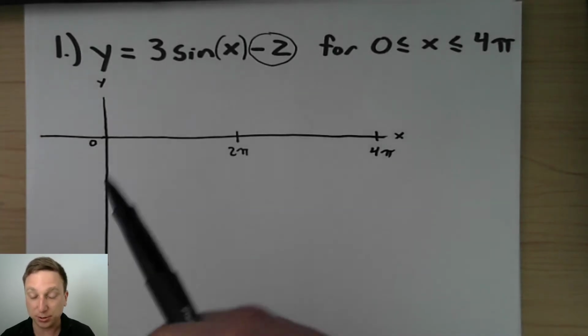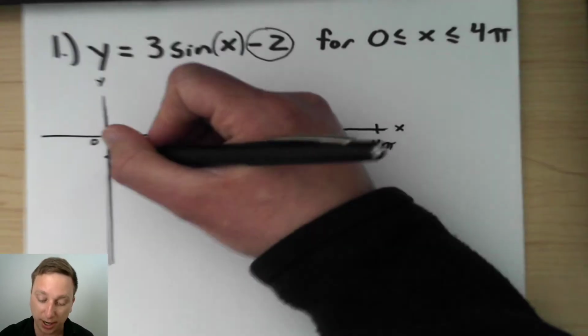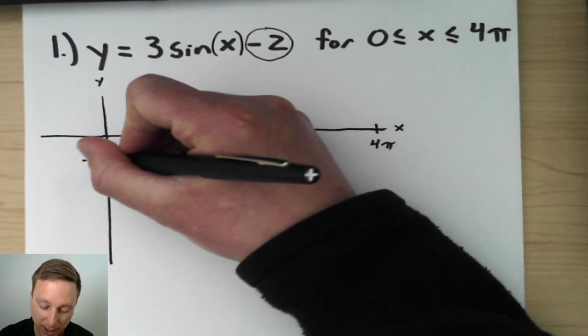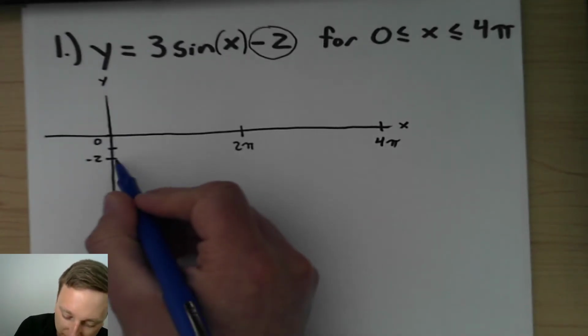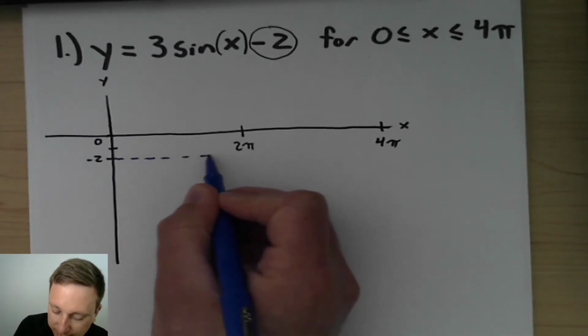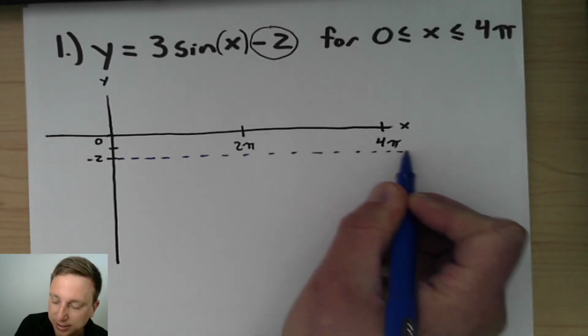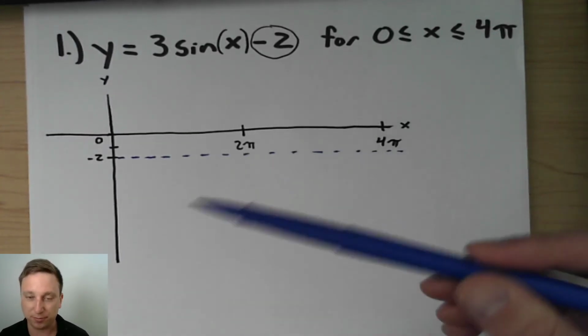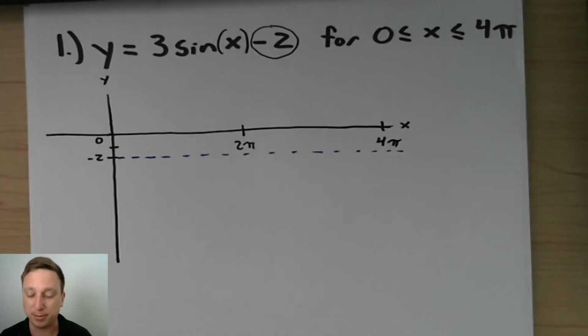So what it's doing is it's transforming the function down 2 units. So I know 2 units down is my principal axis. I always like plotting this, so I'm going to use a different color just to put a dashed horizontal line indicating where that principal axis is at all times, because this is going to be one of 3 of my 5 points actually, is when it hits the principal axis is what I'm interested in.